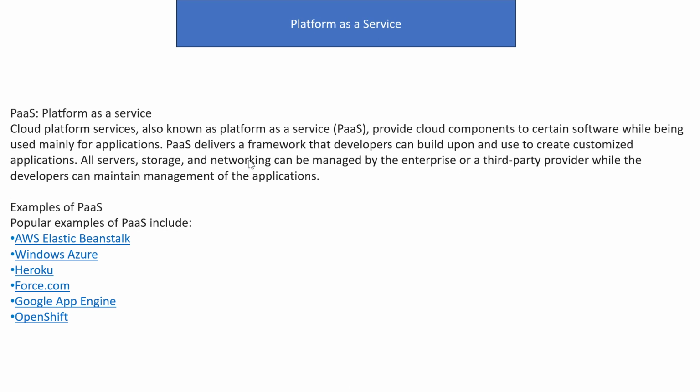That is what platform as a service is. Examples of platform as a service are AWS, Windows Azure, and BTP as well. SAP Business Technology Platform comes under platform as a service.